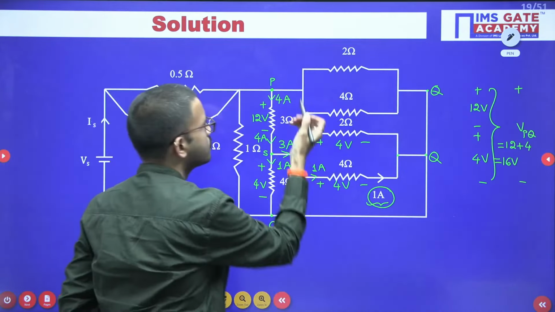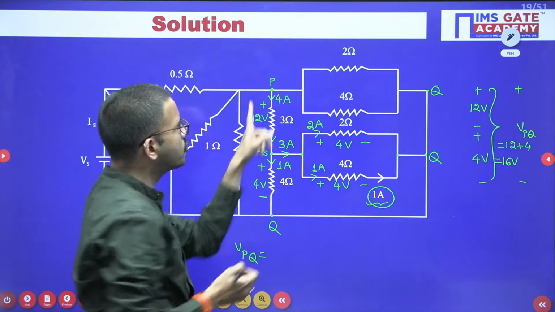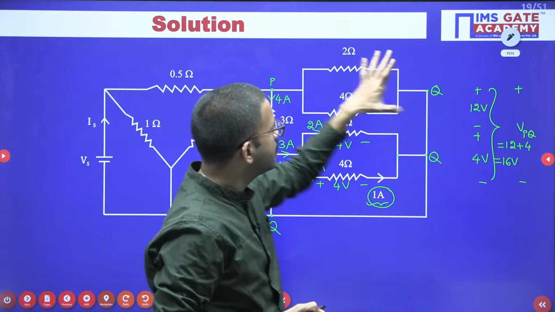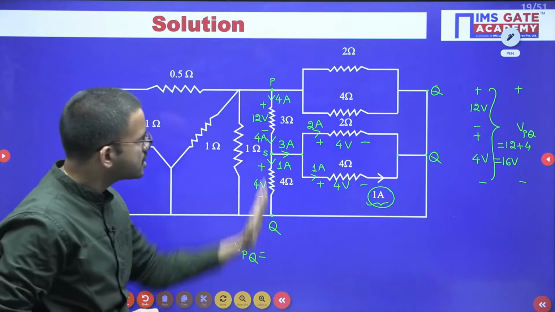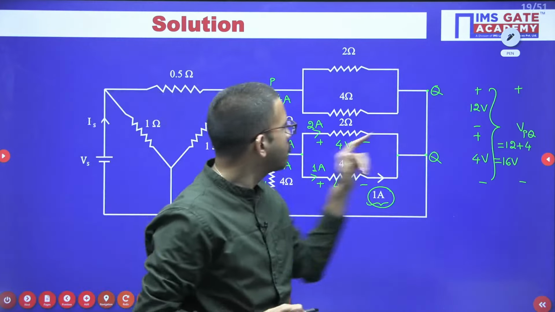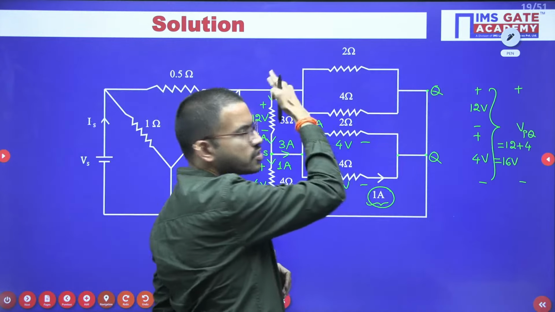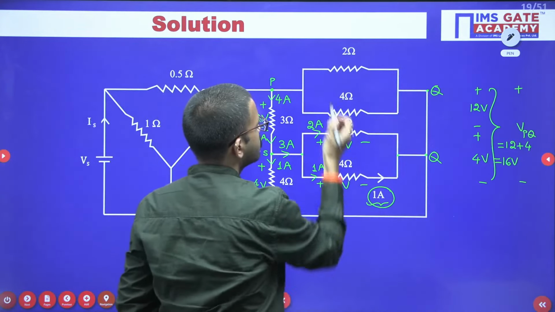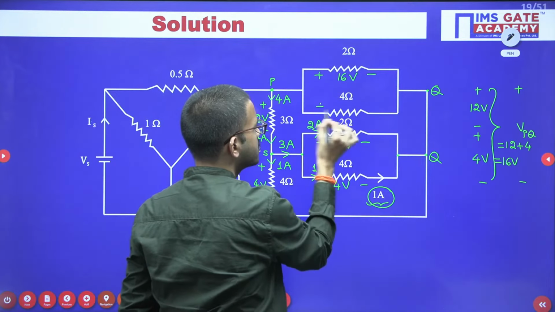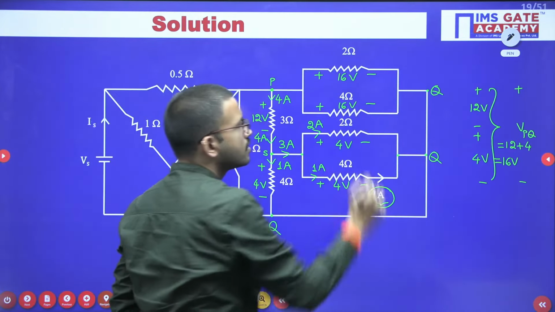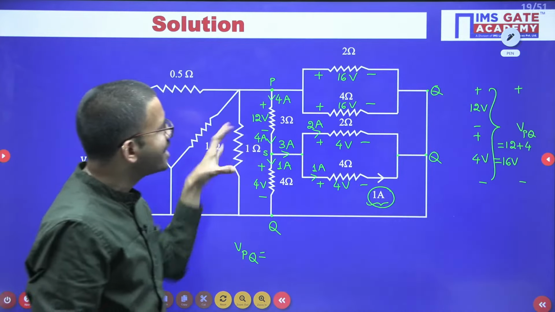For both the resistors, on the left hand side you have one node, that is P, and on the right hand side one more node, that is Q. When the voltage across these 2 nodes is 16 volt, obviously the voltage across these 2 nodes will also be the same. So here 16 volts, here also the same voltage, 16 volts. This is the important key point. You have to analyze carefully.